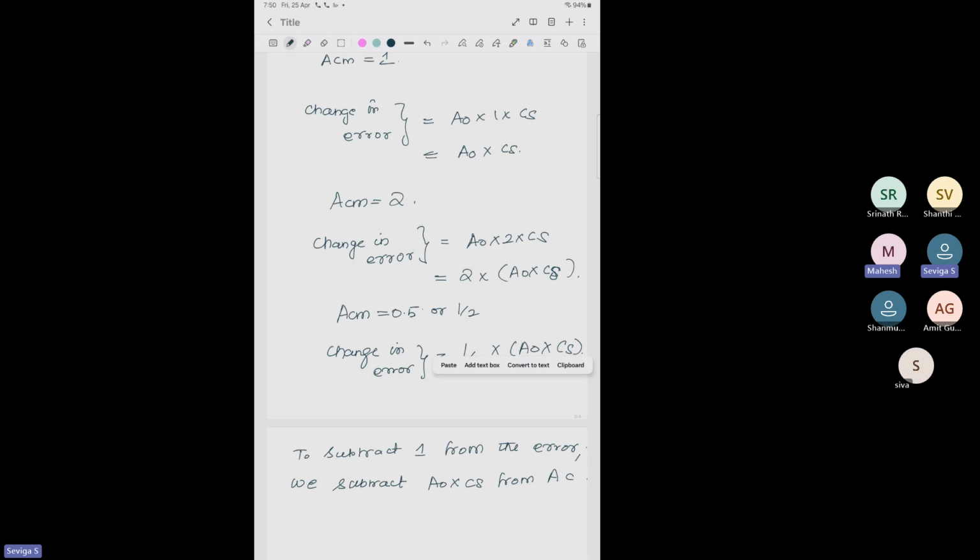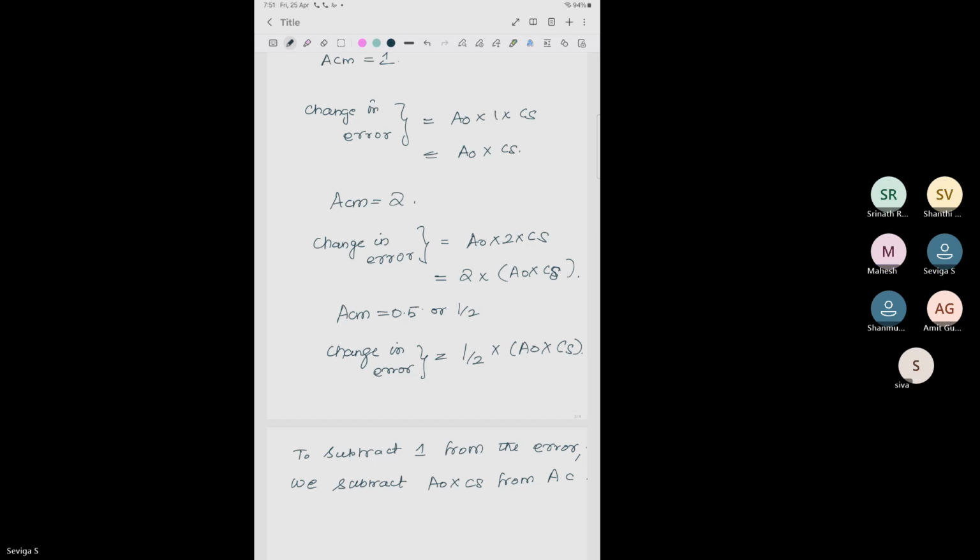So if the weight is 1, the change in error is A naught into C delta. So if I want to increase the error by 1, then I should add a weight of A naught into C delta. I'm putting it the other way around. This is another way of saying it.